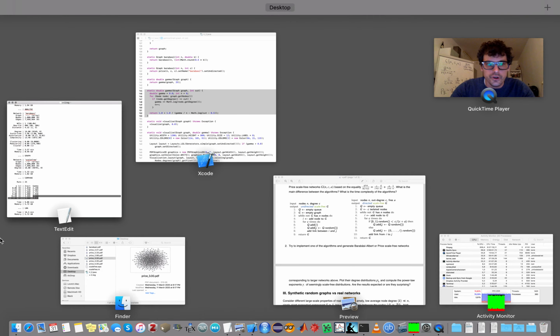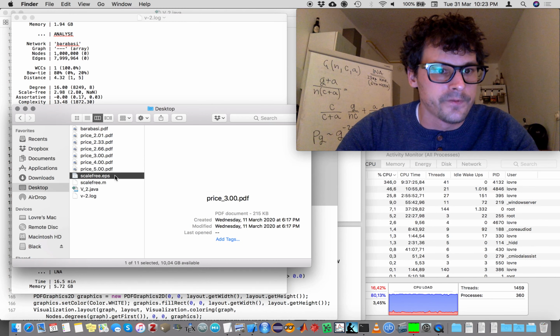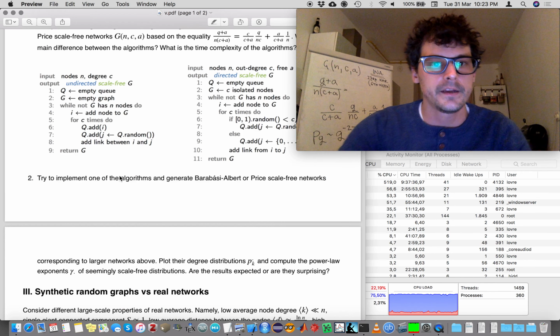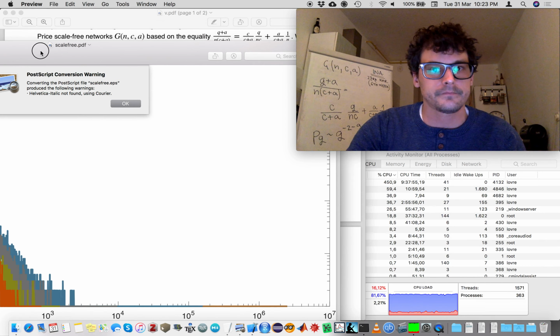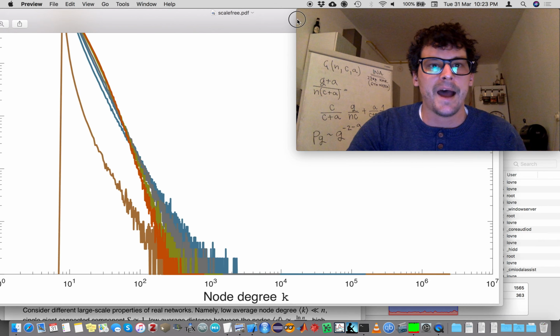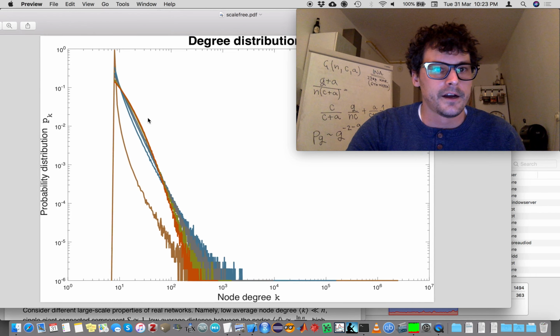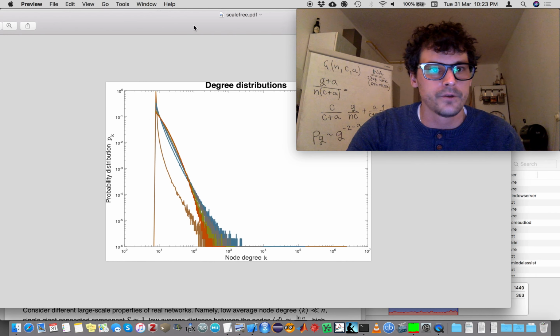Now let's also look at the visualization of the degree distributions. So the code generated a MATLAB script that plots these degree distributions.